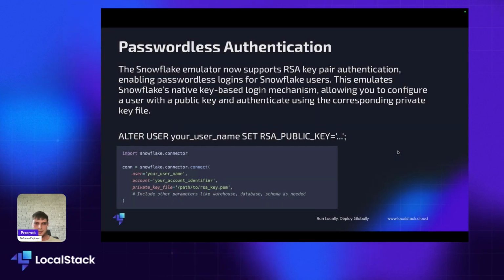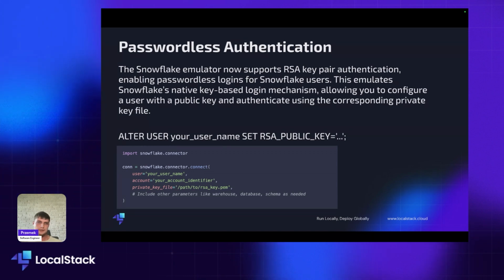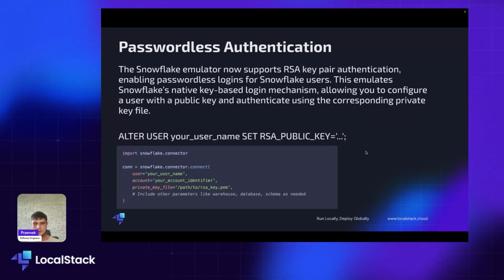Another feature is passwordless authentication. The Snowflake emulator supports passwordless authentication right now, and basically you need to generate RSA keys, then attach the public key to your username, and then use the private key in your Snowflake connector configuration.